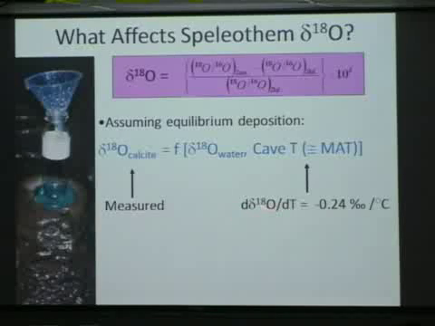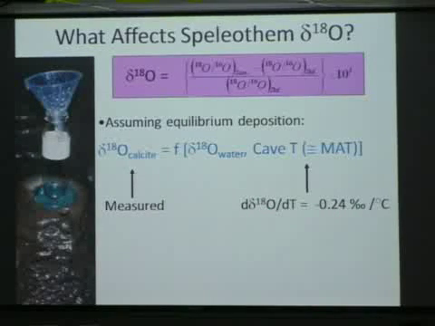So essentially, as you increase temperature by 1 degree Celsius, you would decrease the delta 18 by about 0.24 per mil per degree C. So in tropical and monsoon regions where the annual temperature changes are pretty small, for example, during the glacial, this could maybe explain a per mil or so of change in the speleothem.